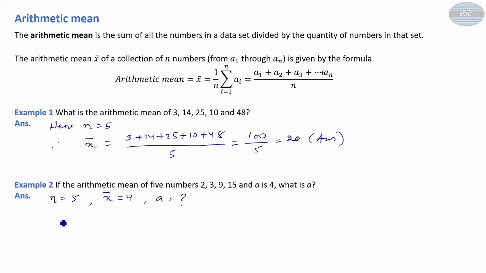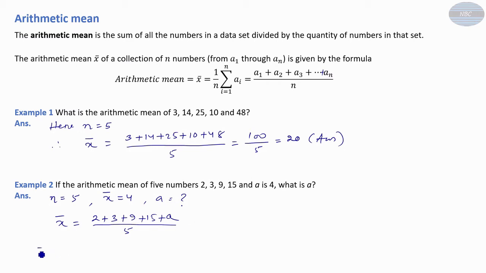So it can be written as mean is equal to 2 plus 3 plus 9 plus 15 plus a divided by n, which is 5.